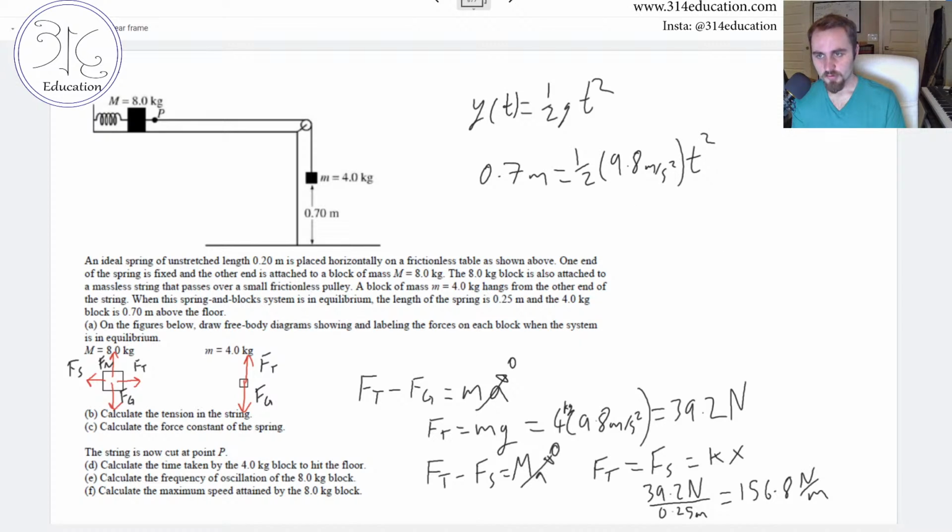We want to get t on its own, so we'll multiply by 2, divide by 9.8, take the square root, giving us t is equal to the root of 2 times 0.7 over 9.8. So this is the square root of 1.4 over 9.8. I get a time of 0.377 seconds, or the square root of 1/7.